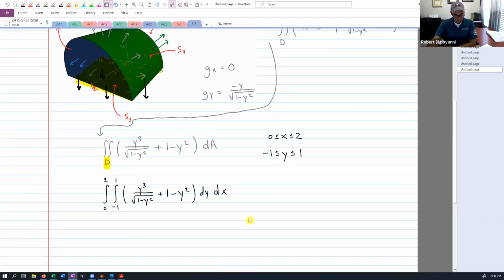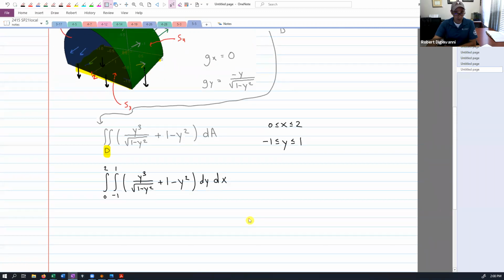Now we have to integrate that. I'm not going to go through it, but these two pieces are easy to integrate. This one's a little troubling, but you can rewrite it as y squared over the square root of 1 minus y squared, with the other y out the back, and then make a basic U substitution.